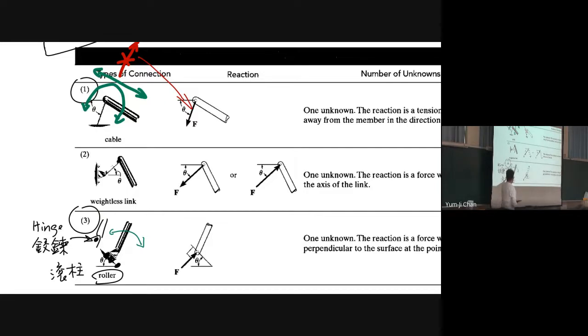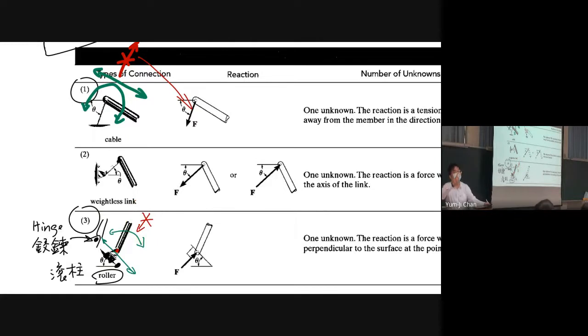And because we have rollers here, we can move in this direction. And because this bar cannot go downwards, the movement of these points cannot go downwards. Okay.